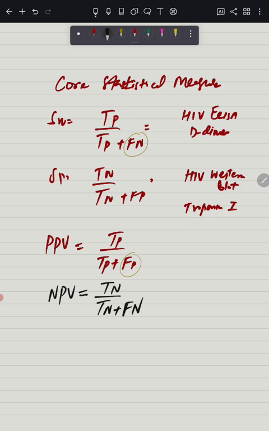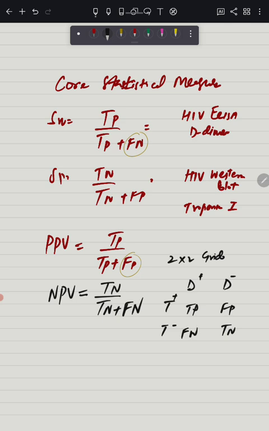So you have to make this 2x2 diagnostic grid, where you keep disease present and disease absent, and test positive, test negative. So these are true positives, these are true negatives, these are false positives, these are false negatives.